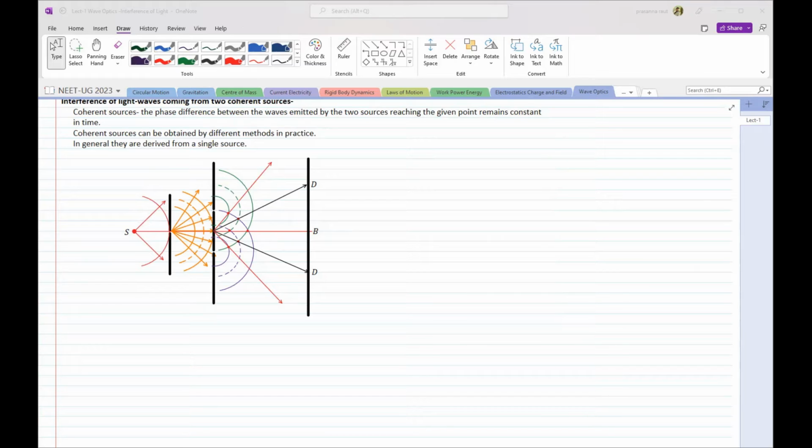इसका मुझे इमेज, आई कुड गेट दैट इमेज. It looks like circles basically, but I don't see any proper diagram for that.